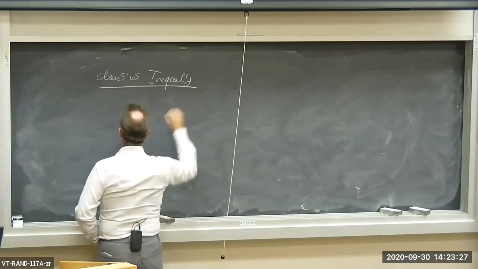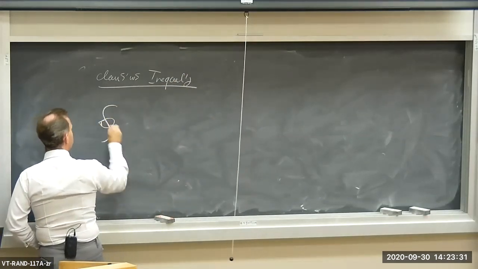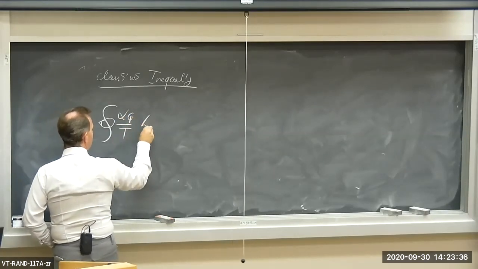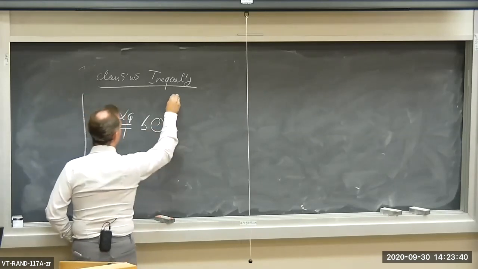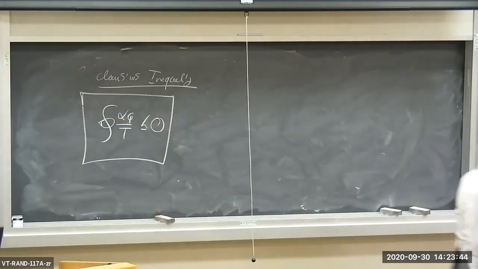The integral over a cycle of del Q over T has got to be less than or equal to 0. Again, I'm going to box this up. Very important result from the end of our treatment of the second law.